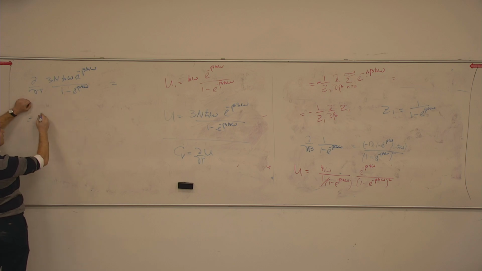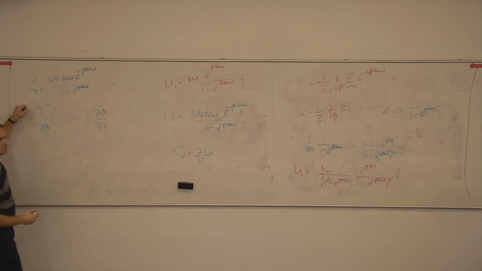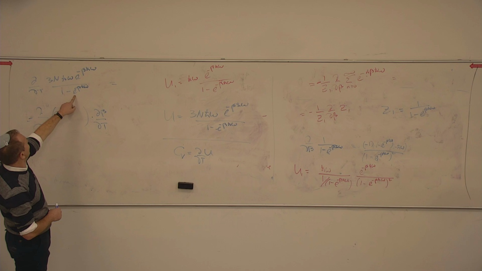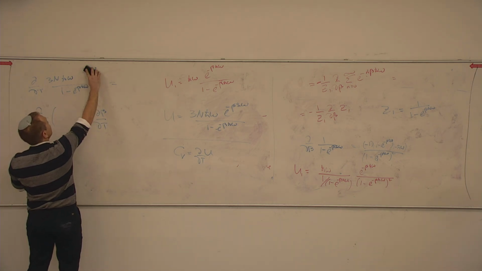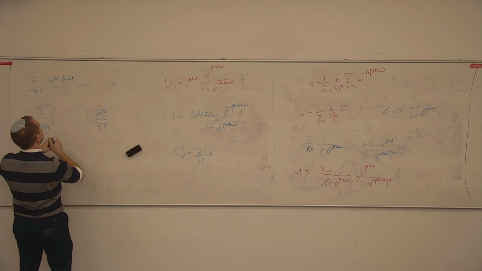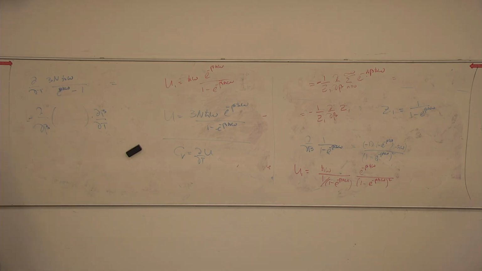Sounds fine? Yeah, so I have d d beta of this guy, multiplied by d beta dT. That should work, right? So you want me to write it down as e to the power beta h bar omega minus 1 in the denominator? Fine, it's also good, good suggestion.